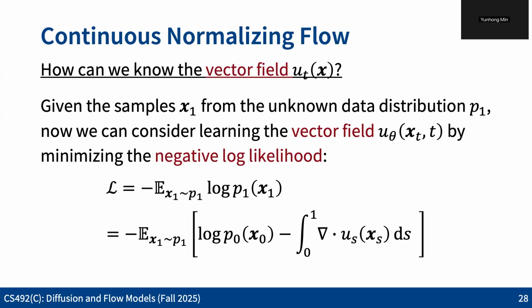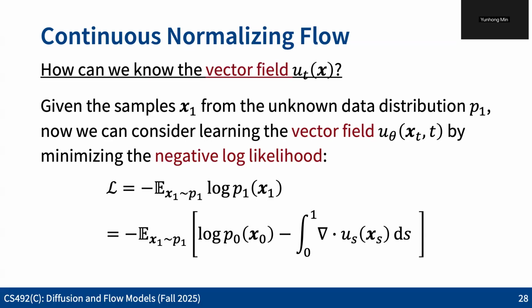Then now we can compute this log probability by computing this, right? Basically, this means that from the X1, we train the neural net over time in a way that we have the vector field. Using the vector field, we go backward all the way to the X0 here and compute the probability in this way. And basically, we are finding the vector field in a way that maximizes this. Okay, so this is doable with the formulations here.